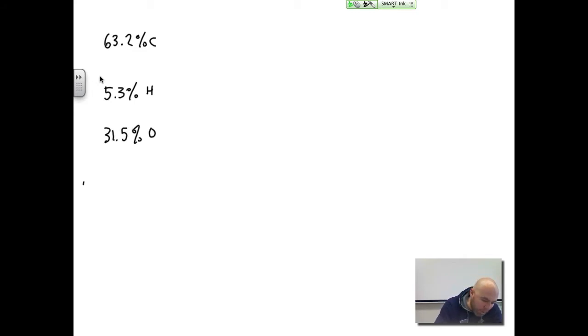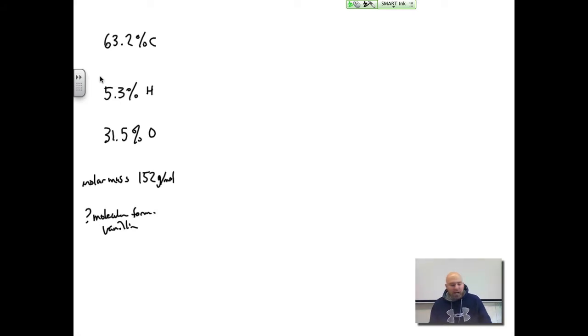The molar mass is given as approximately 152 grams per mole. What is the molecular formula for vanillin?